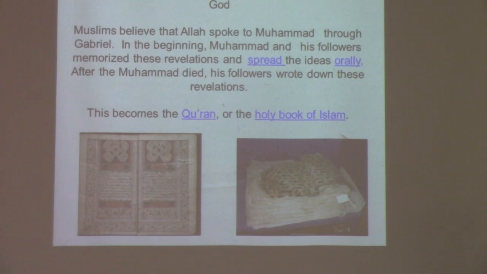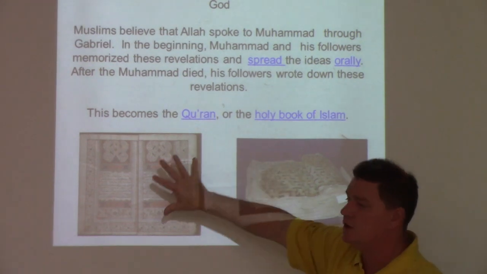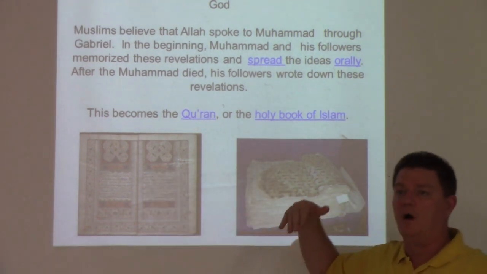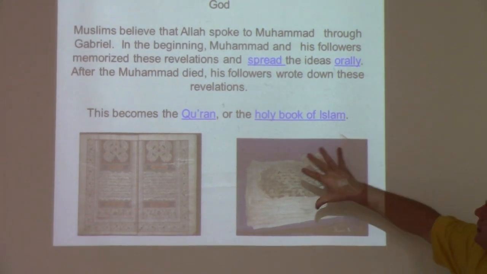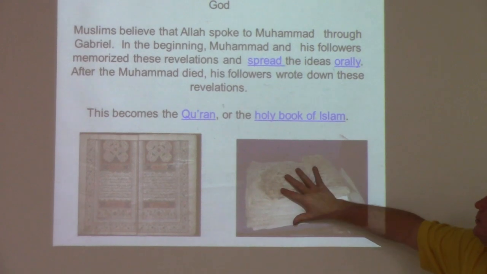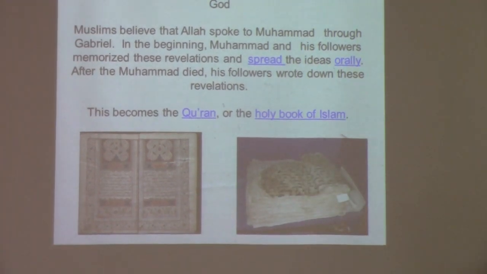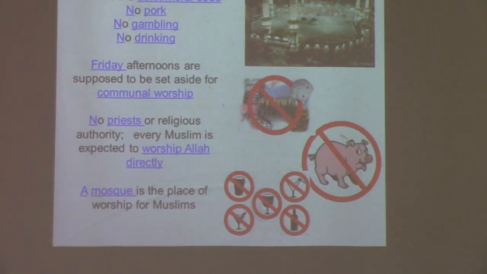It was a rich storytelling oral tradition among the Arabic tribes. Eventually, what Muhammad said, what Gabriel told him, is going to be written down into the Quran. Quran would be like the Christian version of the Bible, the Old and the New Testament. God's holy word, the holy book of Islam, what Gabriel told Muhammad.